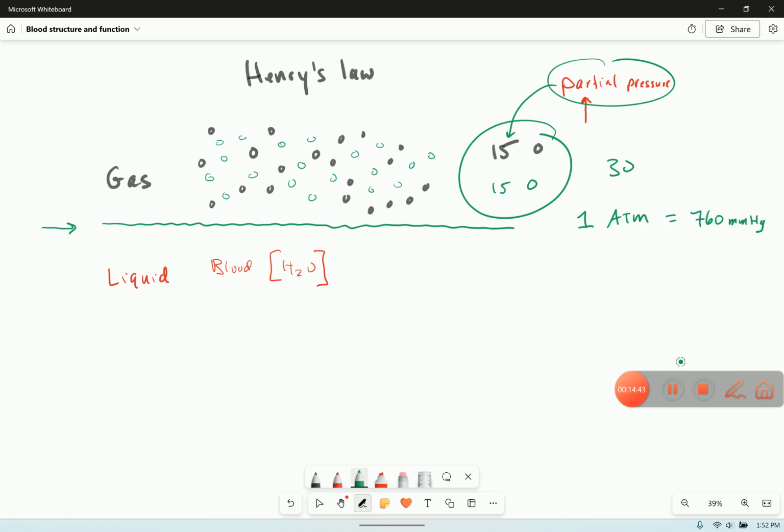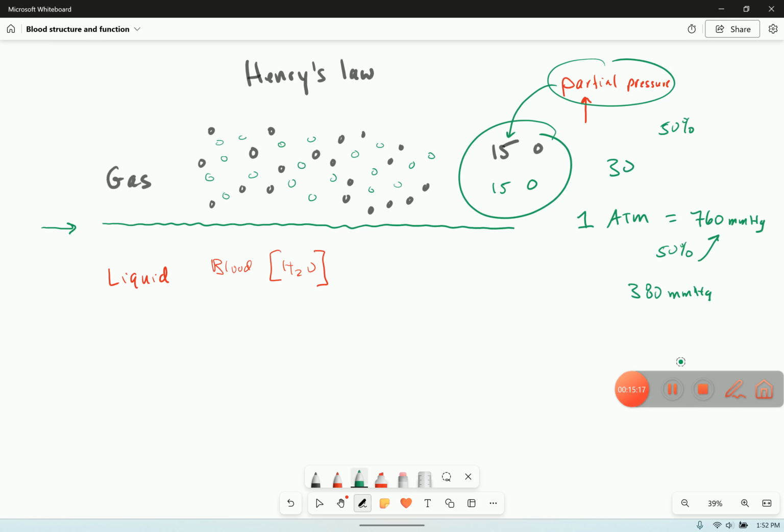Okay, so using this formula here, we're dealing with 50%, right? So if total is 30, half of that is 15. So if we're just focusing, let's say, on the green gases, then that is 50% of the total pressure. So that's going to leave us at 380 millimeters of mercury.